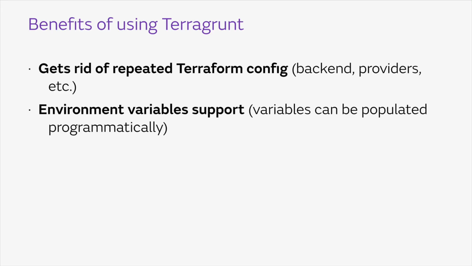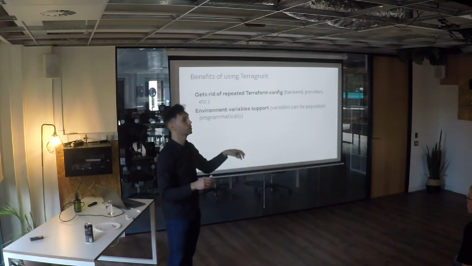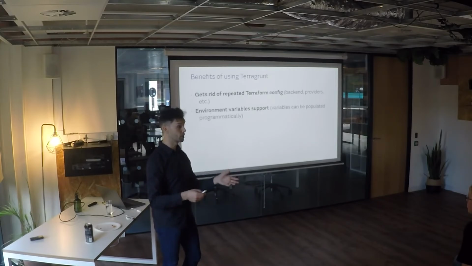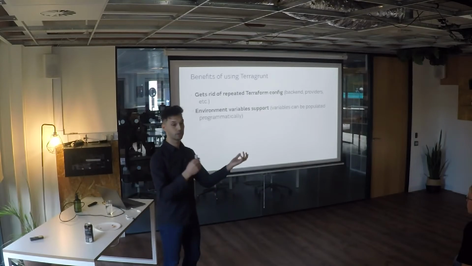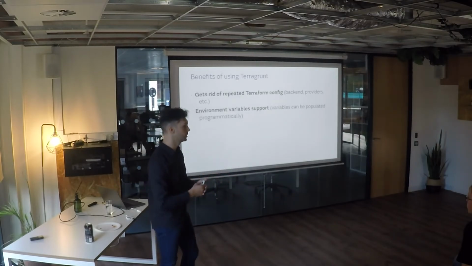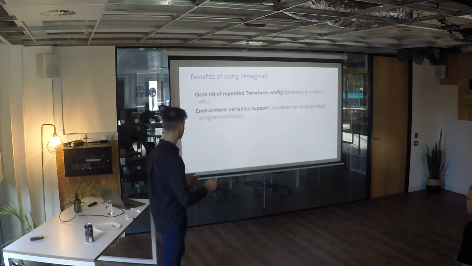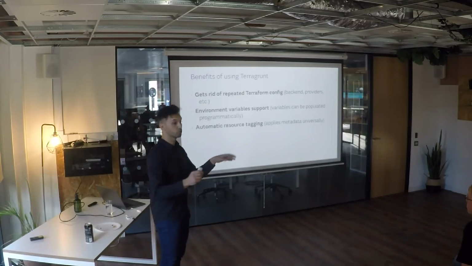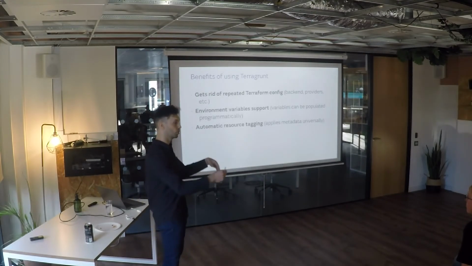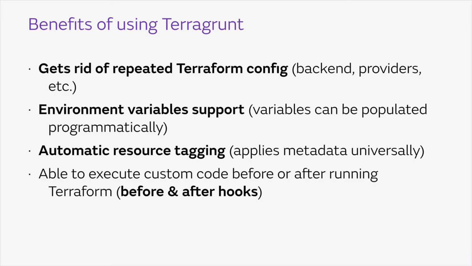We get environment variable support, and this is quite a powerful thing because it means that using external tools, such as PHP or Python, you can generate values externally, like the database name, and inject that into your Terraform and Terragrunt code. It's quite easy to apply tags to every single resource created in the cloud. So you know this got created by this version of Terragrunt, and so it's managed in code. It's quite easy to do that.